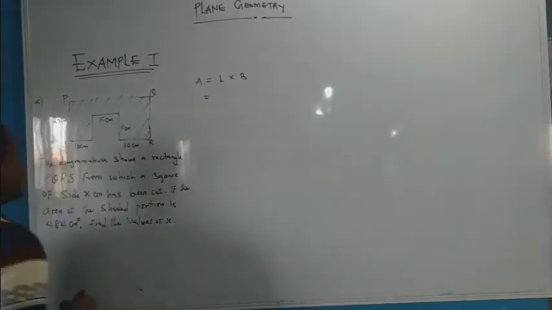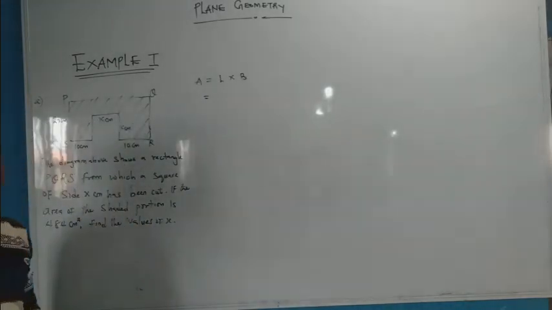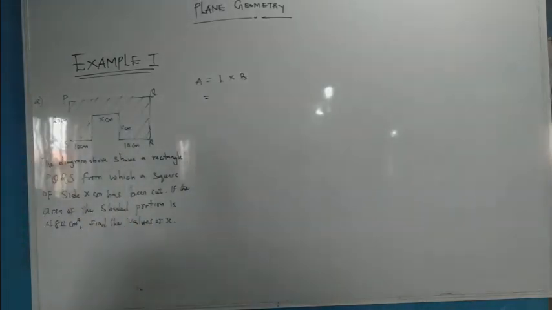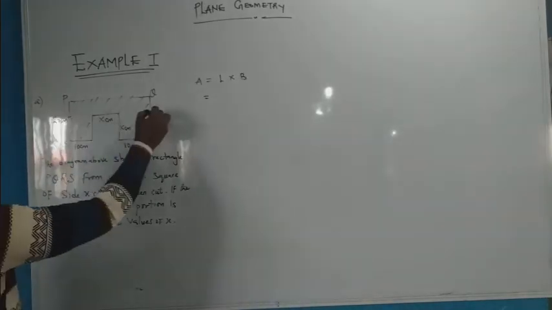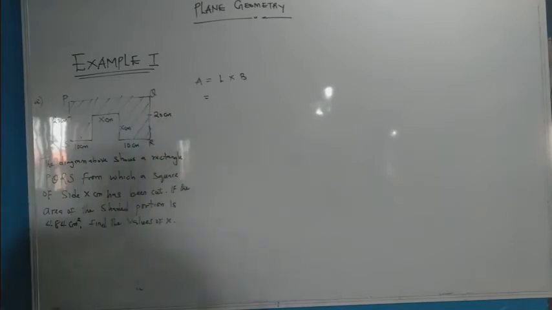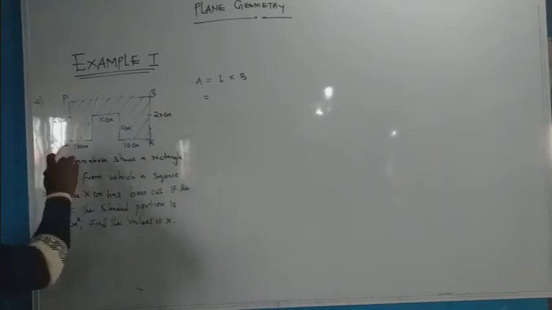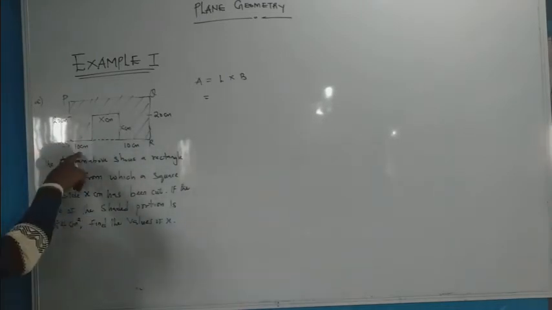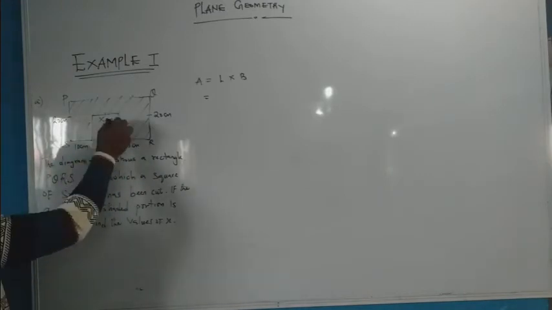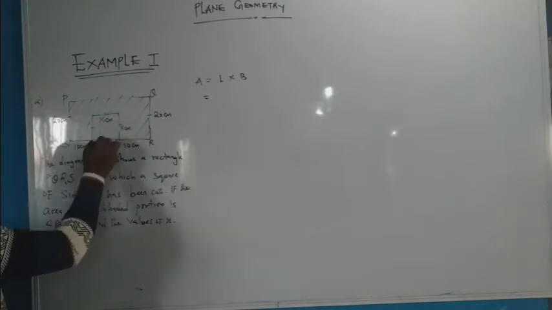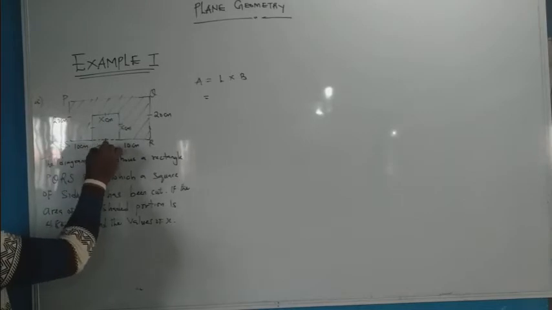So what is the length? Remember the opposite sides of a rectangle are equal. So if here is 20 centimeter, here is definitely 20 centimeter. Now if here is 10, and here is 10, and if here is x, since it's a square, here is also x centimeter.